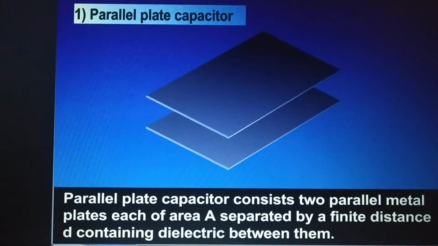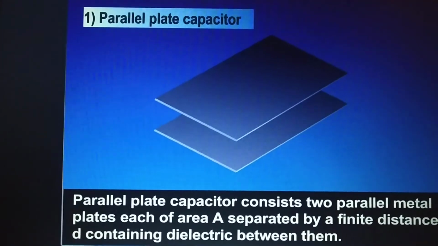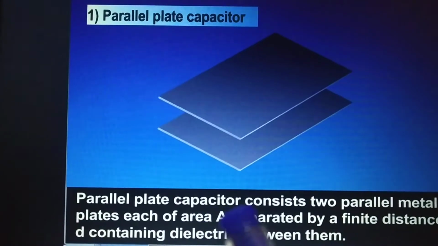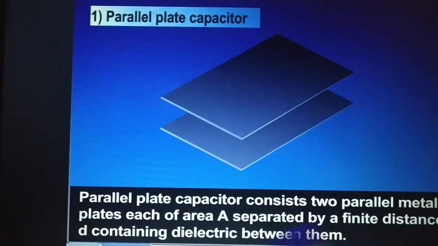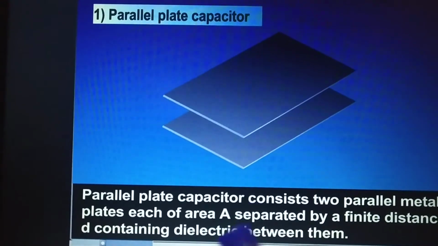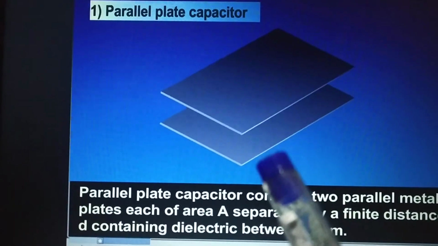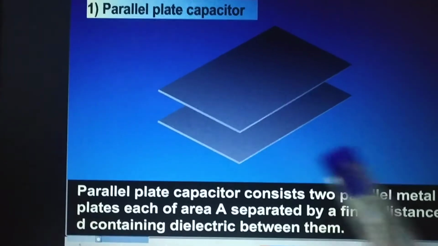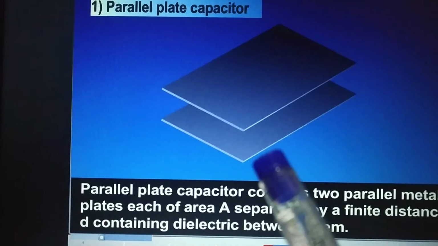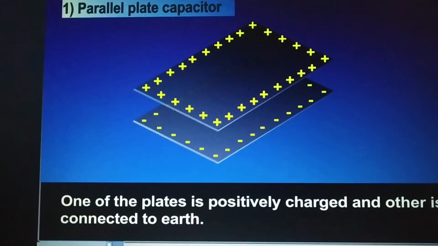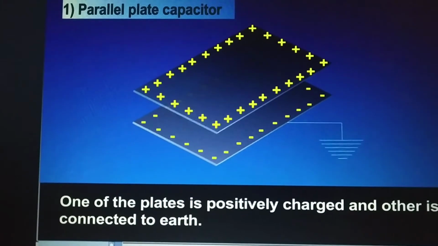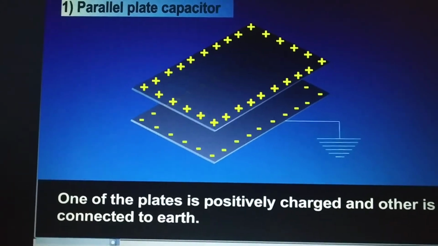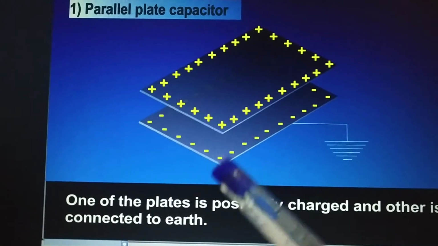The first one is the parallel plate capacitor, which consists of two parallel metal plates, each of area A, separated by a finite distance small d, with a dielectric between them. One of the plates is positively charged and the other is connected to earth.